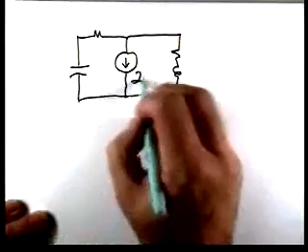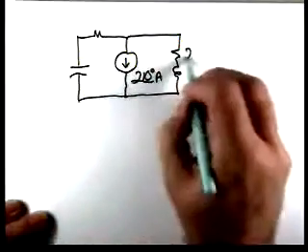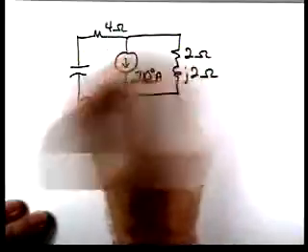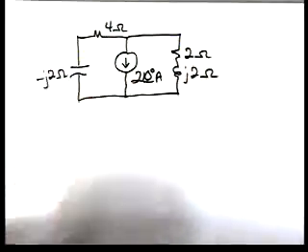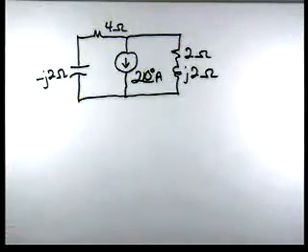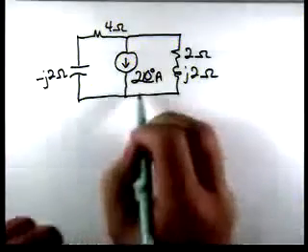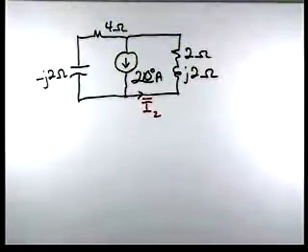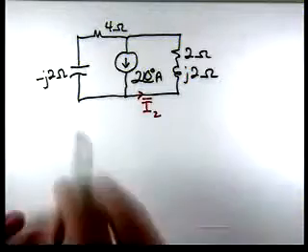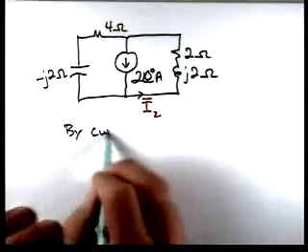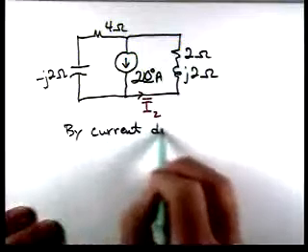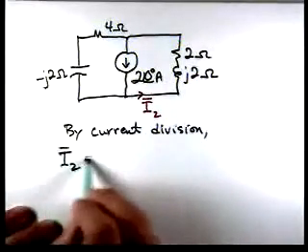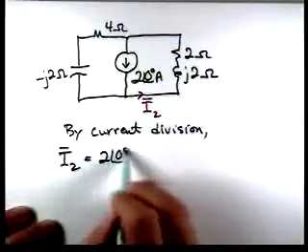Here's our source. It's 2 at an angle of 0. Here's this impedance on the right hand side of the circuit. Now, in this circuit we can use current division. Let's use current division to calculate the current I2. So by current division, I2 is 2 at an angle of 0.